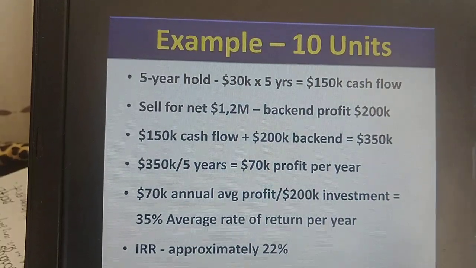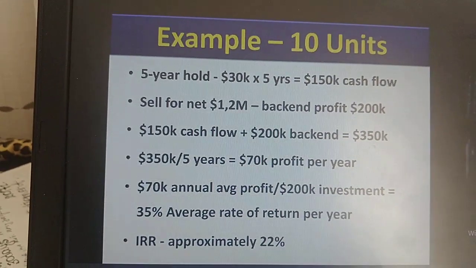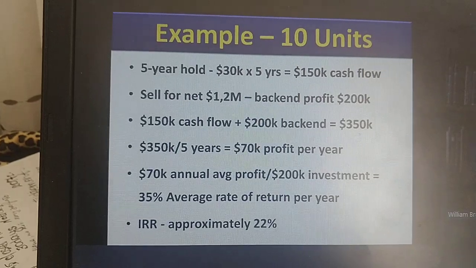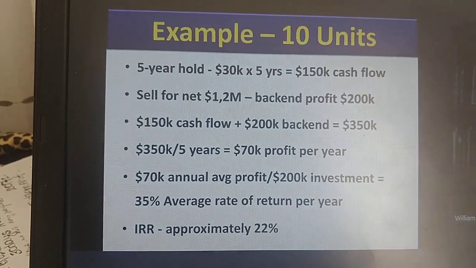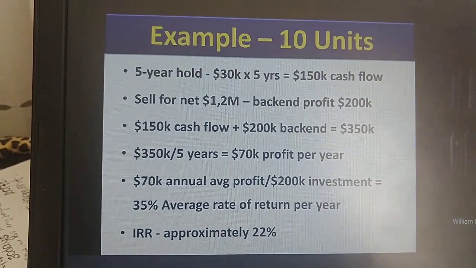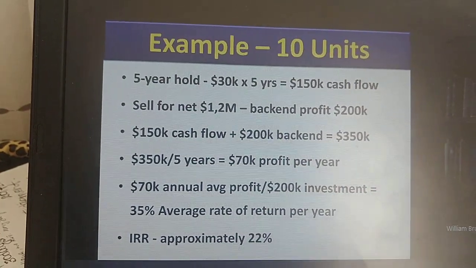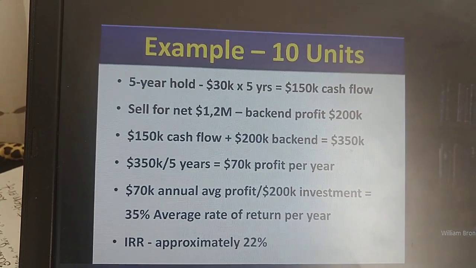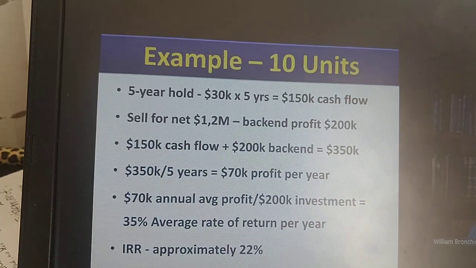That's what internal rate of return is. That's why it's such a crucial number if you plan on a medium hold, 3 to 5 years. If you're just going to hold it forever, it doesn't matter. All that matters is what you're earning annually.